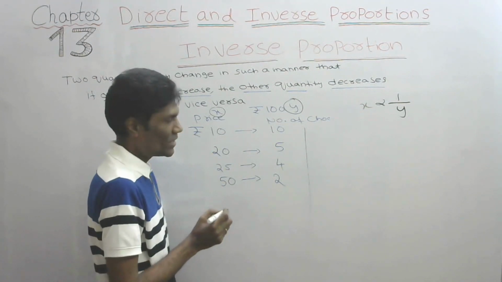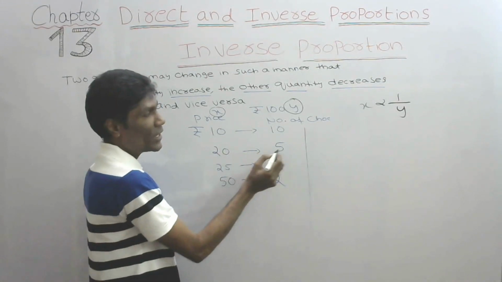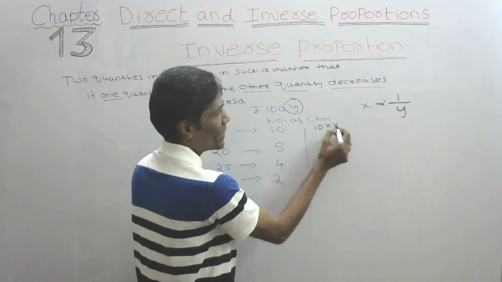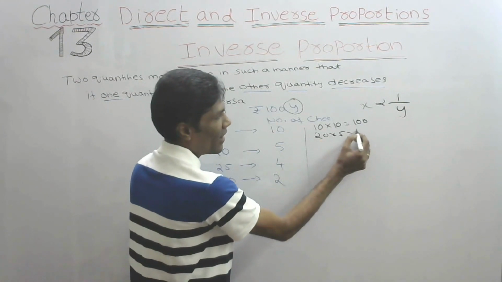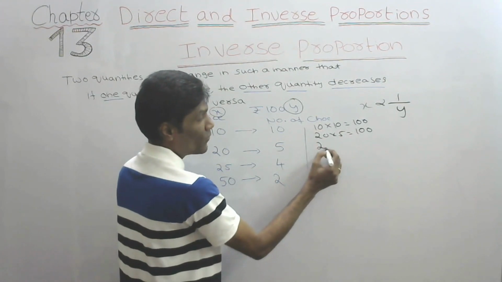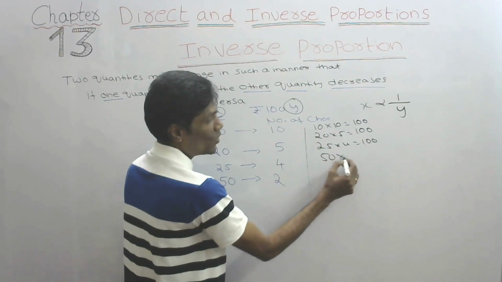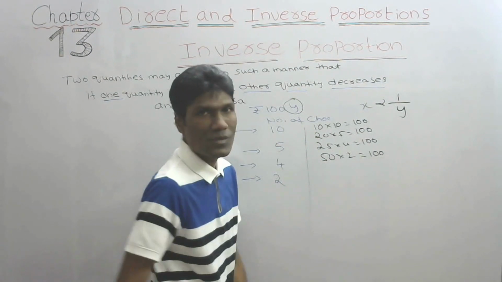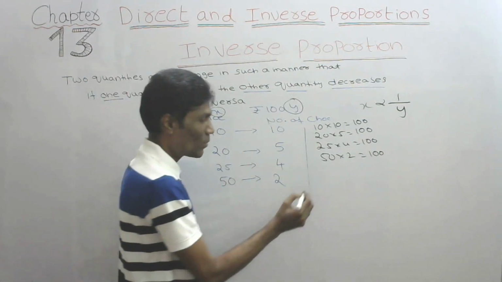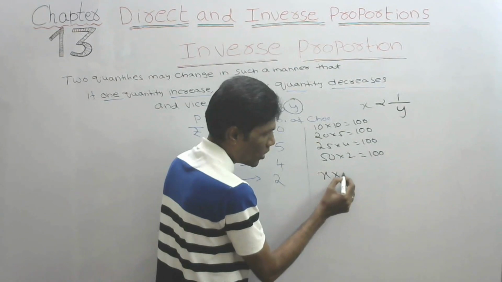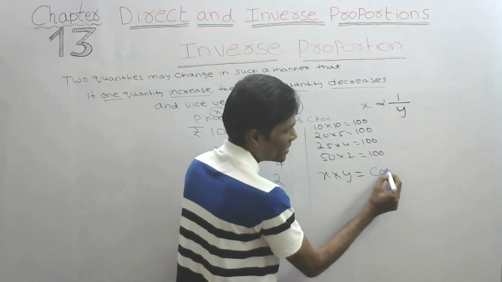In all the cases, if you observe, 10 into 10 is 100, 20 into 5 is 100, 25 into 4 is 100, 50 into 2 is 100. So if we take this as X and this as Y, then the product of these two quantities is always constant.